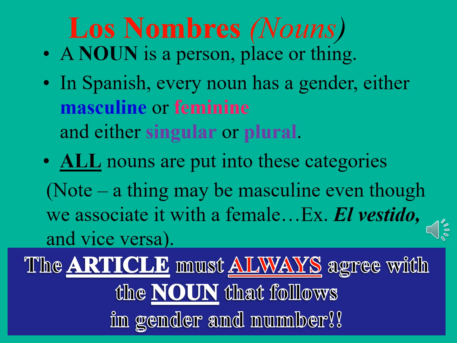And then it can also, of course, be singular or plural. All nouns you need to fit into one of these categories, and the words around the nouns have to agree with whatever the noun is, masculine, feminine, singular, plural. There has to be complete agreement. This is not something you worry about in English.